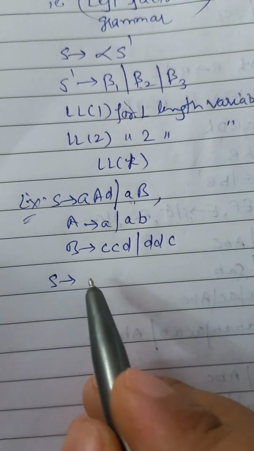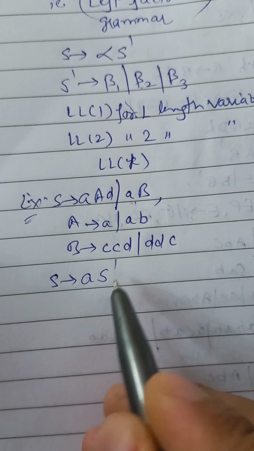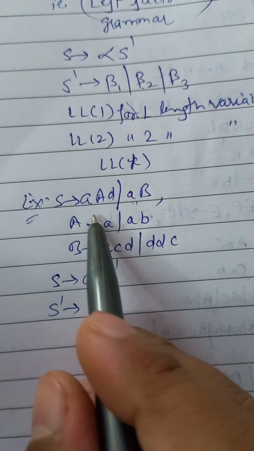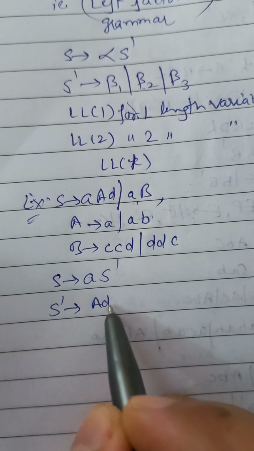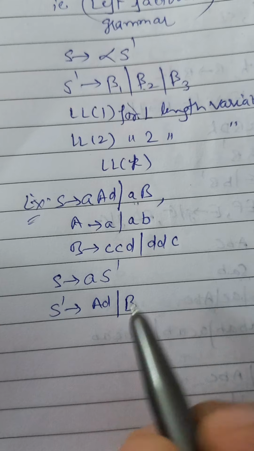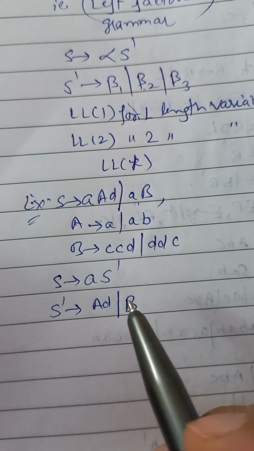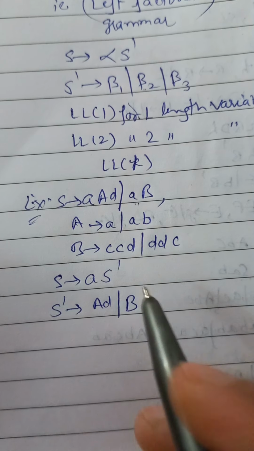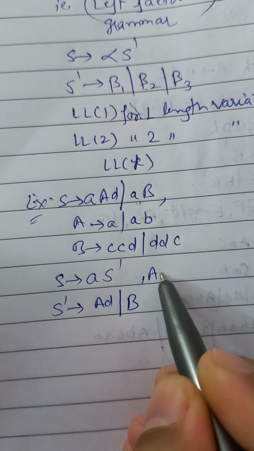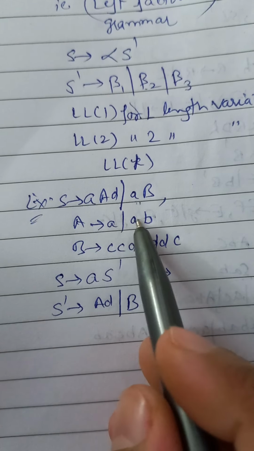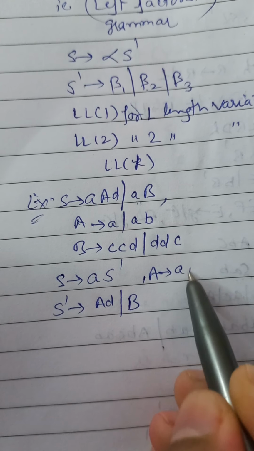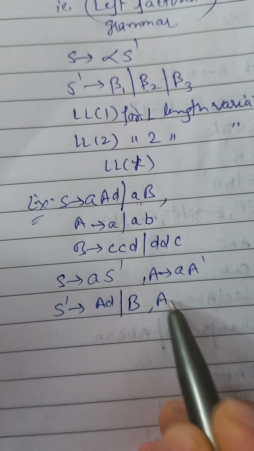So how can we do this? We write A and S dash. We take the new variable S dash, and S dash will go to D or B. In a similar way for A also, A tends to A dash, a new variable, because both have A on the left side.